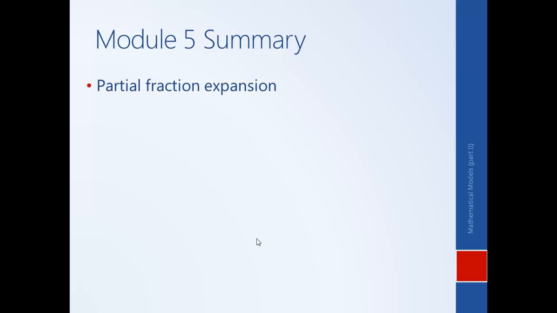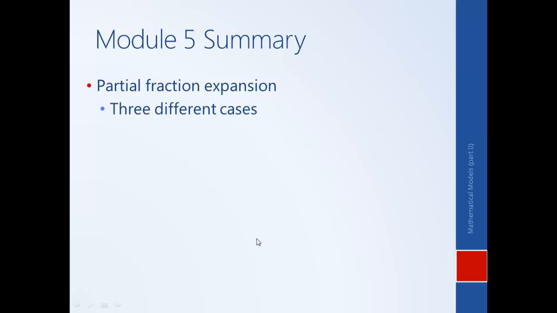Returning back to the PowerPoint presentation, that concludes Module 5. In summary, we learned what a partial fraction expansion was. It's a means to expand a rational function into individual terms such that we can recognize the Laplace transformed function in our set of tables.